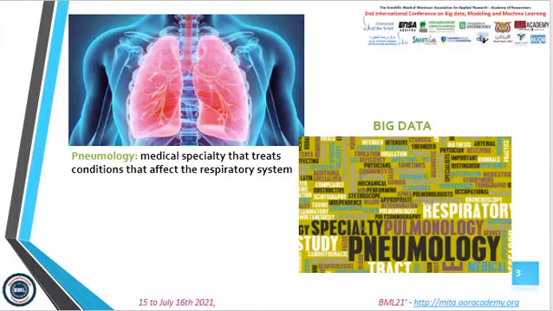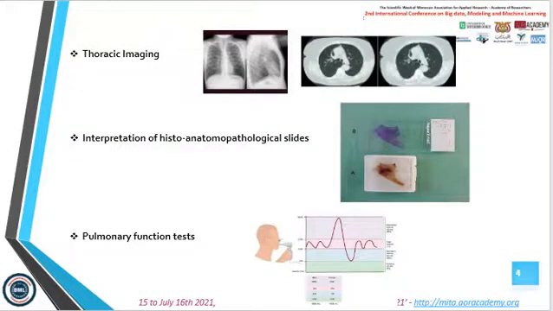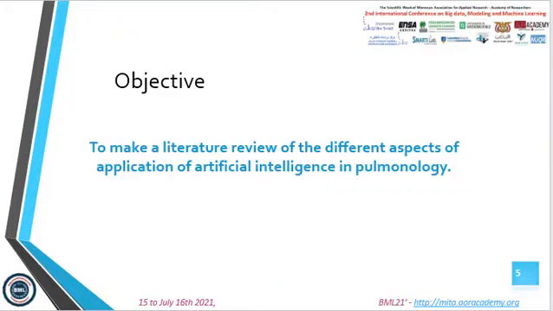Pneumology, which is a medical specialty that treats conditions that affect the respiratory system, is considered an important source of big data production in medicine, and AI finds its place in this discipline. In particular, in the interpretation of medical imaging, mainly standard radiography and CT scans, in the interpretation of histoanatomopathological slides, and in the analysis of pulmonary function tests.